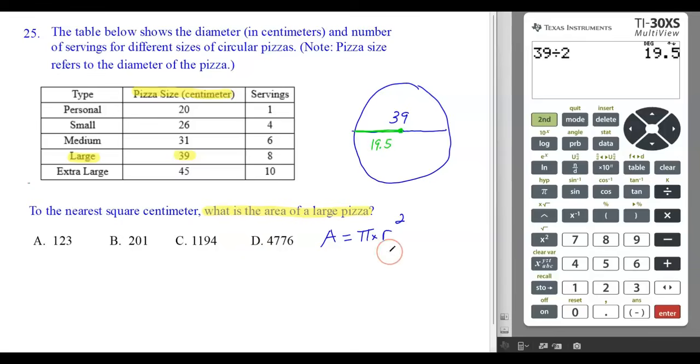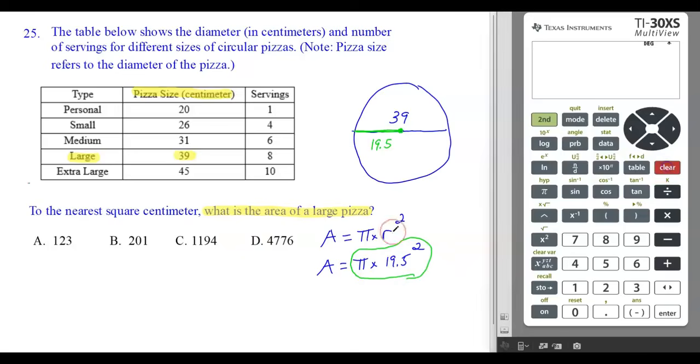And I'll just plug this into the formula. So the area equals pi, just bring this pi symbol down, times, replace the r with the radius, which is 19.5. It's 19.5. And then square it. And then just punch this side into the calculator, and you should be good to go. Let me clear this.